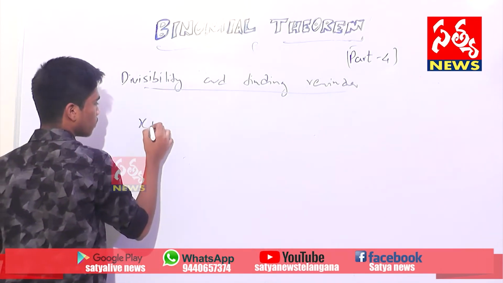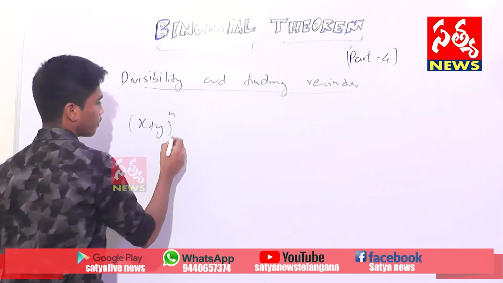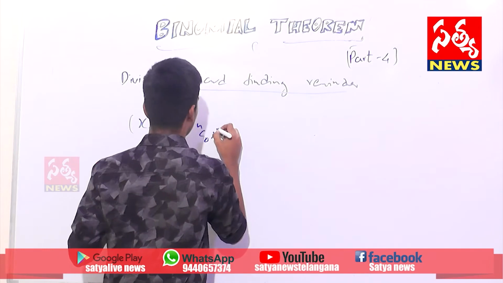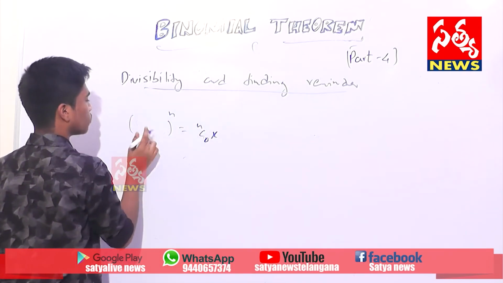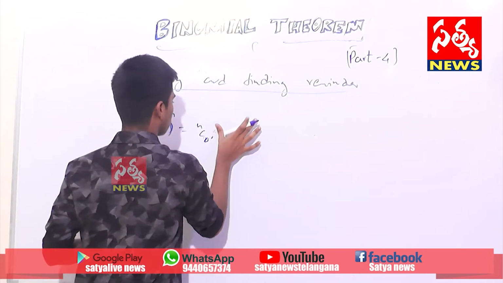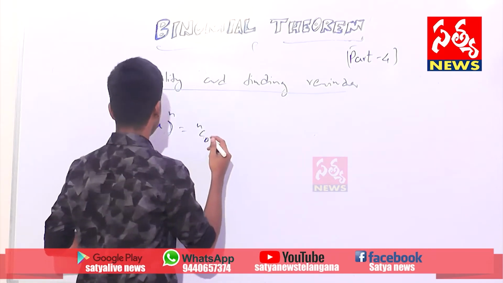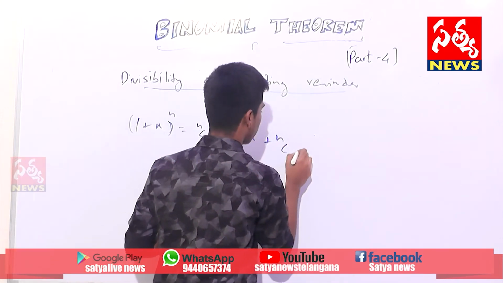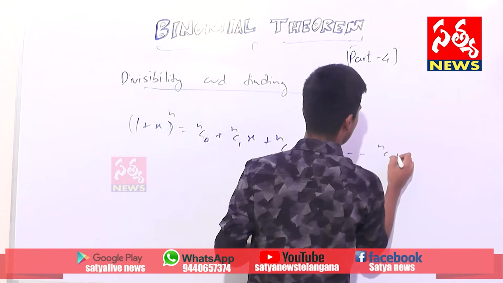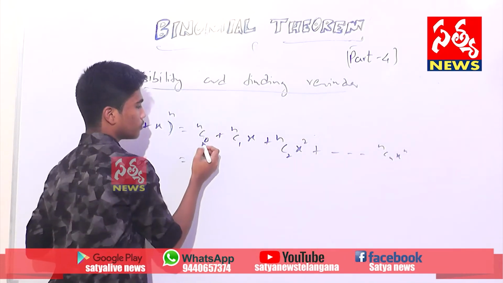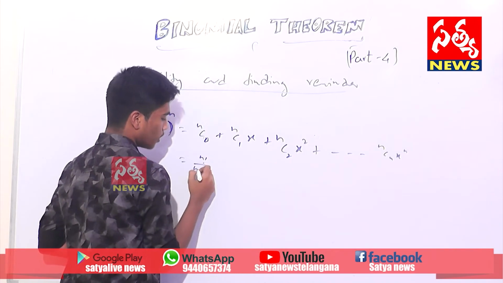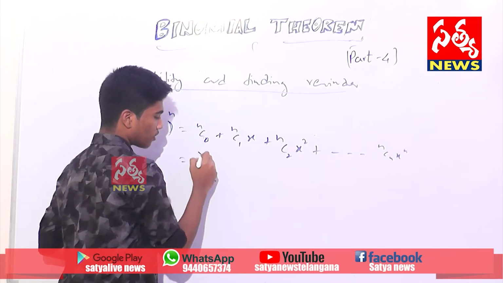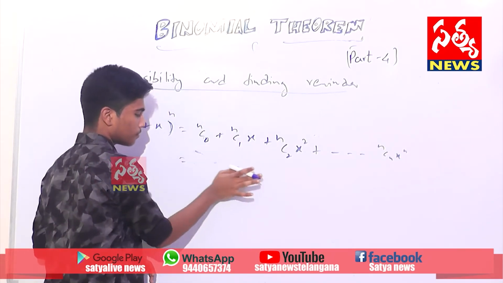So now, (x + y)^n. Its expansion is nC0, or else let's take (1 + x)^n, so the example would be easier. (1 + x)^n is nC0 + nC1 x + nC2 x^2 + and so on up to nCn x^n. Now nC0 is n factorial by (n - 0) factorial into 0 factorial, so it is n factorial by n factorial, which is 1.